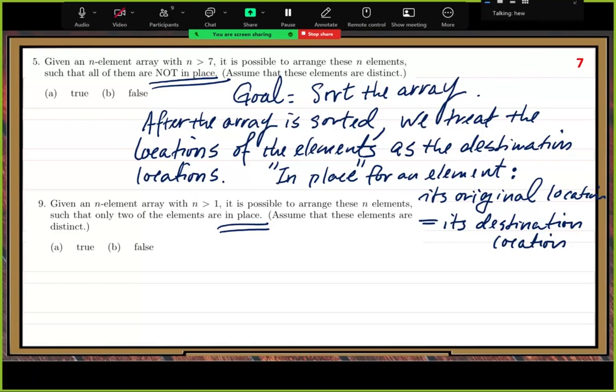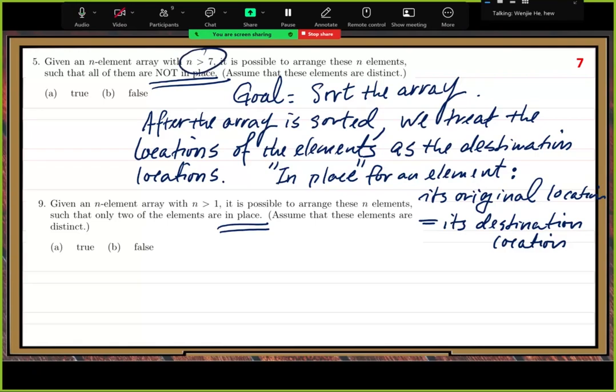So here, is it possible to arrange these n elements such that all of them are not in place? Here you need to imagine some special input. So here I ask you n greater than 7.